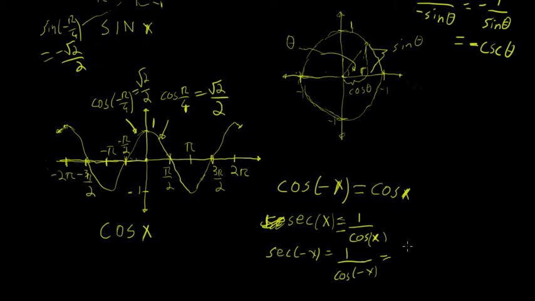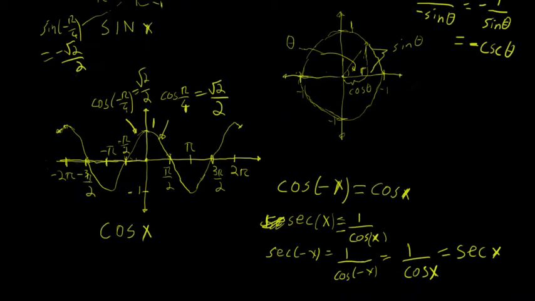But we just said that cosine of negative x is equal to the cosine of x. But what is 1 over the cosine of x? It's just secant of x, right? So just like the cosine of negative x is equal to the cosine of x, secant of negative x is equal to the secant of x.